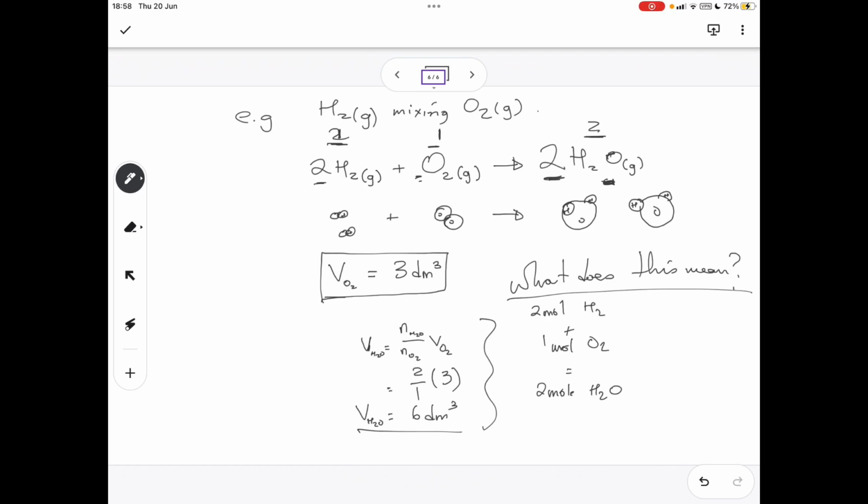And it also tells us that 2 volumes of hydrogen need to react with 1 volume of oxygen to give us 2 volumes of water. So in other words, it also kind of makes sense.